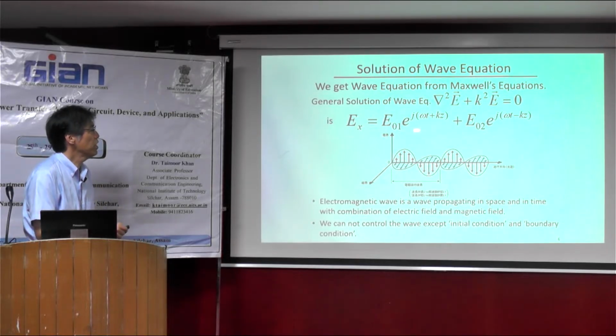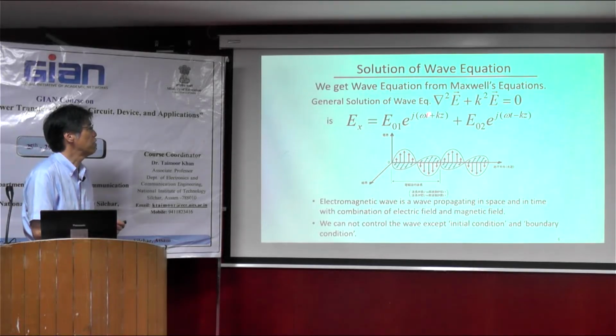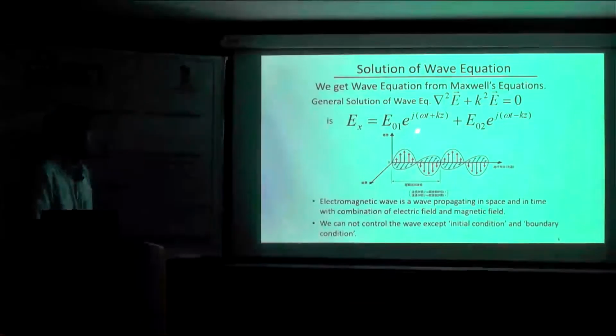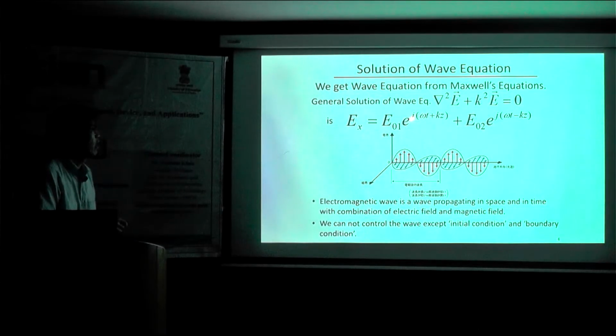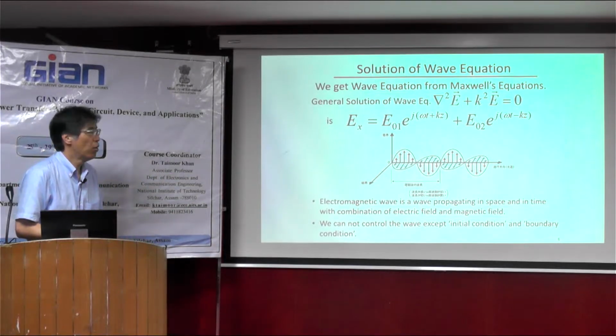And from here, we get the E_x electric field described as a wave when the t changes, and the phase of this electric field rotating by help of e^{jωt}.